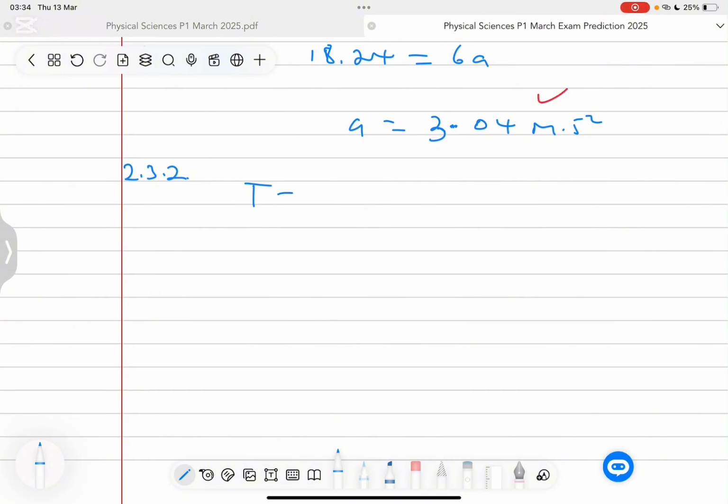So I'll say here that T minus 3.92 is equal to 2 times a. And now to find the tension, I'm simply going to say it's equal to 2 times the 3.04. We're putting our acceleration here now, and we're going to have a plus 3.92, because when it goes to this side, it is going to be positive.